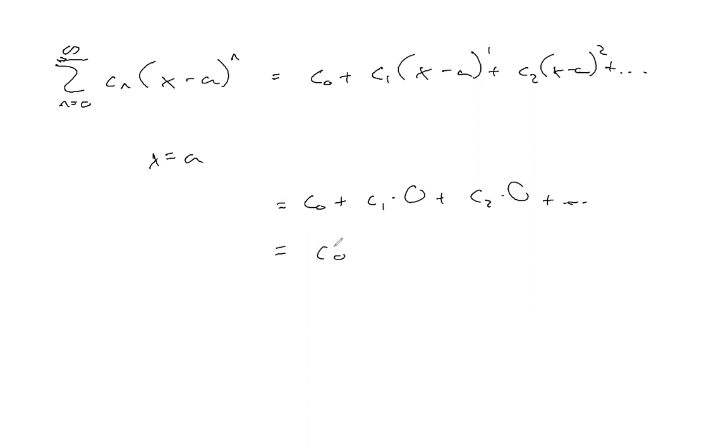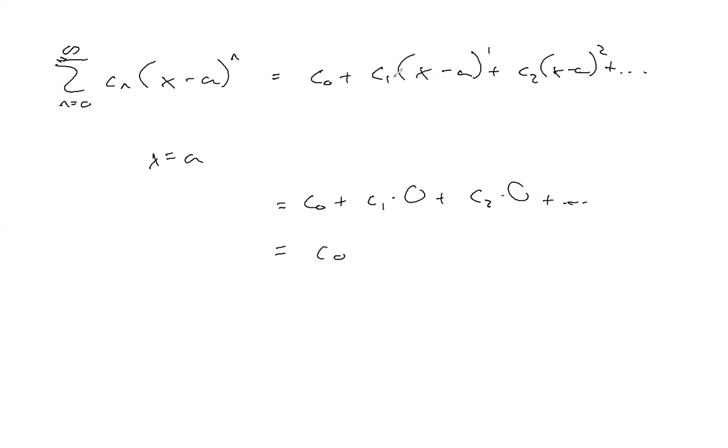So my series is convergent, right? It's just a single number, all right? So that's going to be a convergent series. So I can see why my series is always convergent at least at that center. It's always going to be convergent at a, because if I plug in x equals a, all the terms cancel except the first one, all right? So my series is always going to be convergent at a.